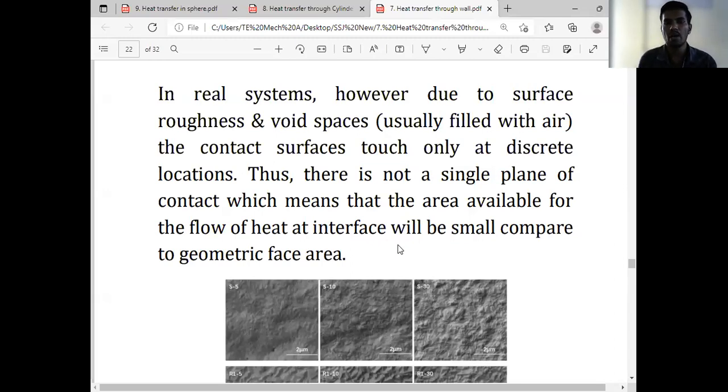in real systems, however, due to surface roughness and void spaces usually filled with air, the contact surfaces touch only at discrete locations.